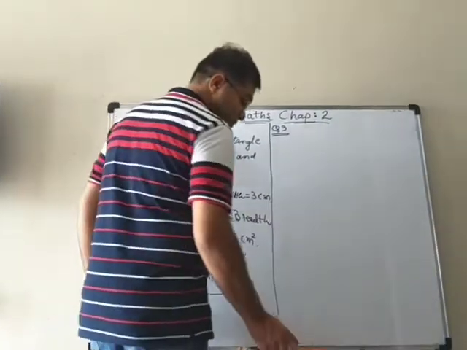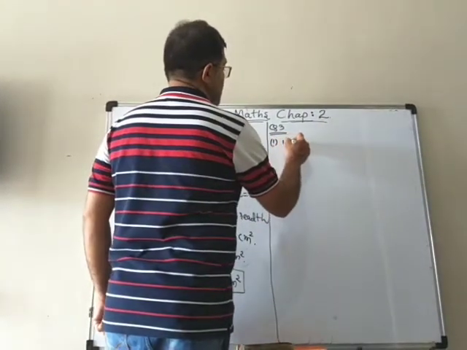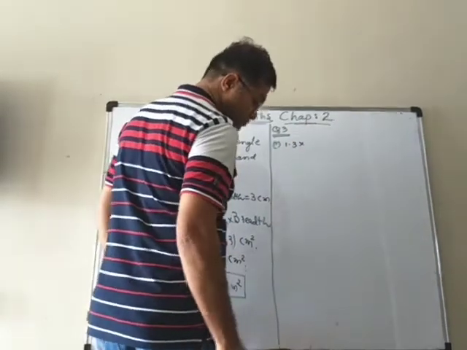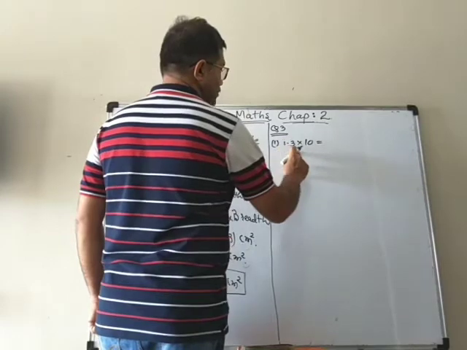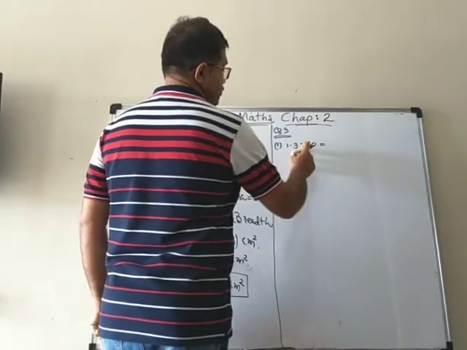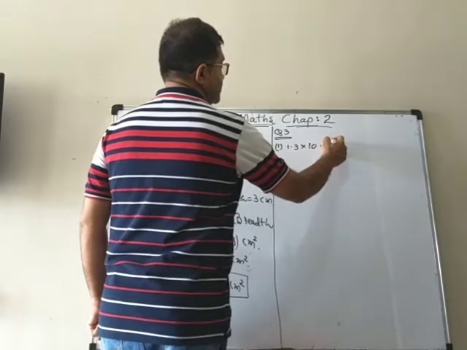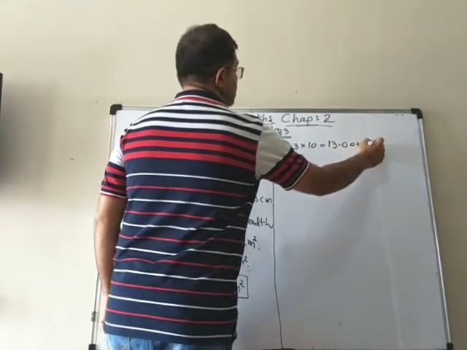So first is 1.3 multiply by 10. So point will move one place on the right side. So 13.0, or we can write down 13 also.